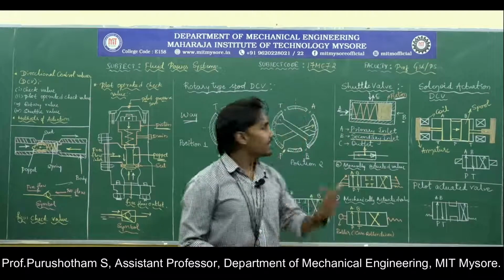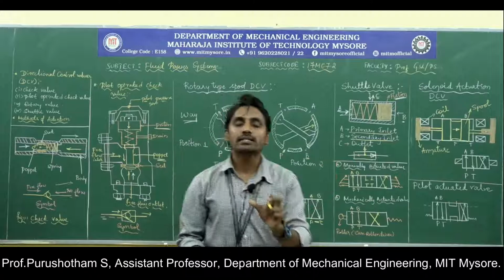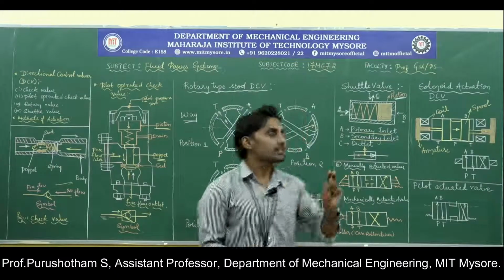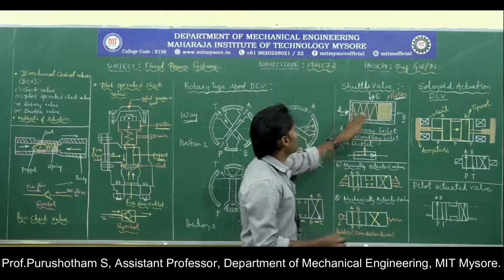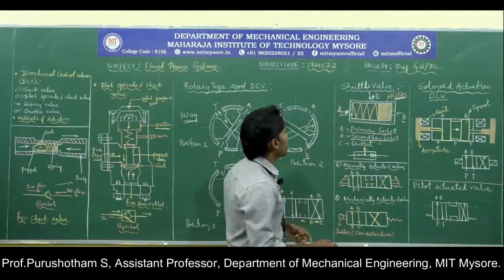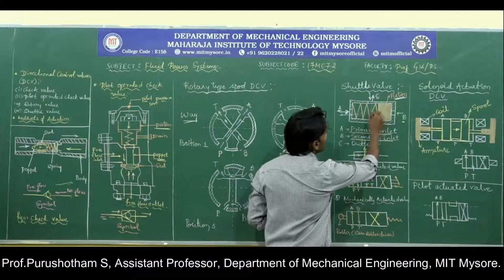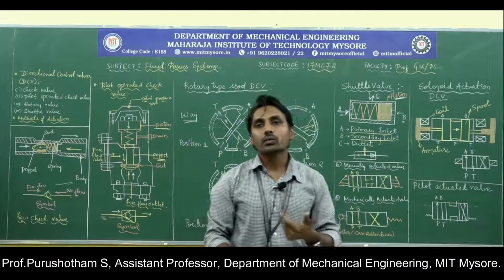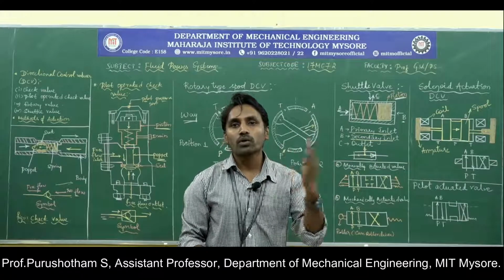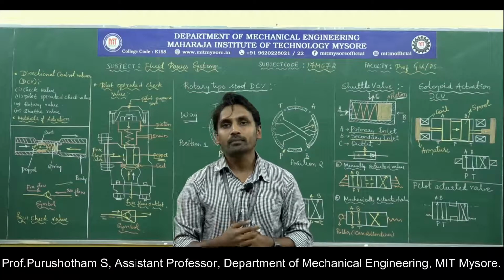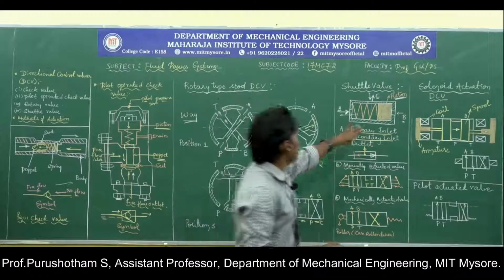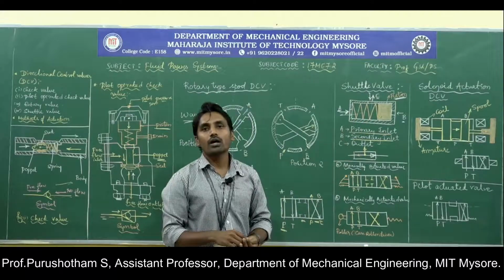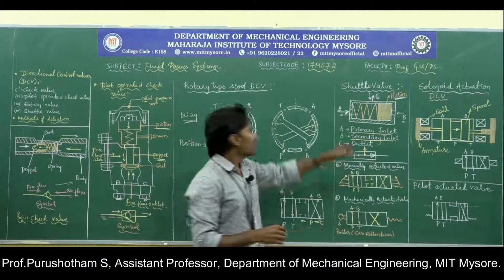But in many cases, the shuttle valve uses a floating piston, that means we are not favoring the power supply port A. If you are using the floating piston, then based on the pressure variation, the piston blocks port A or port B, and it mainly works on the OR gate function.